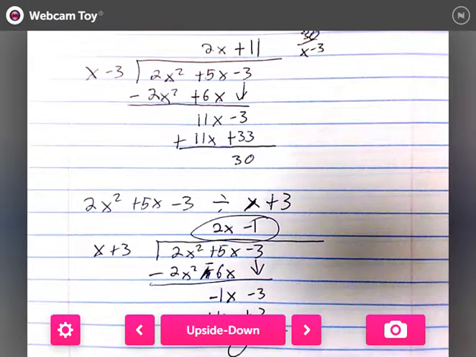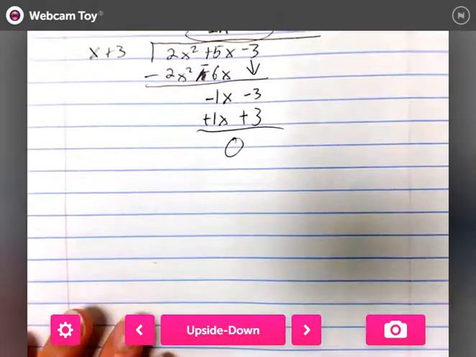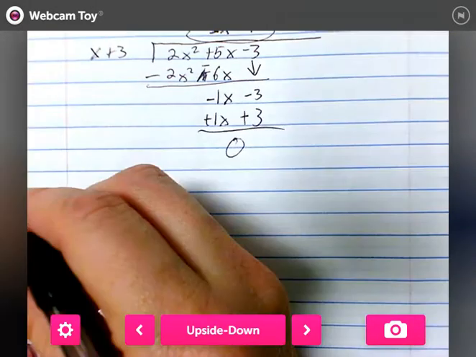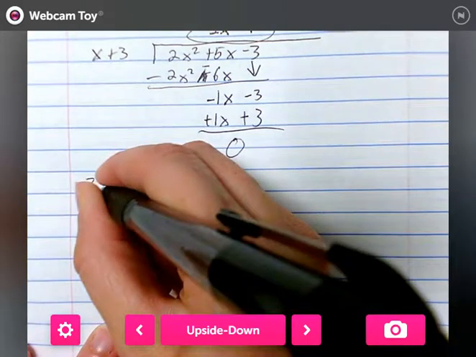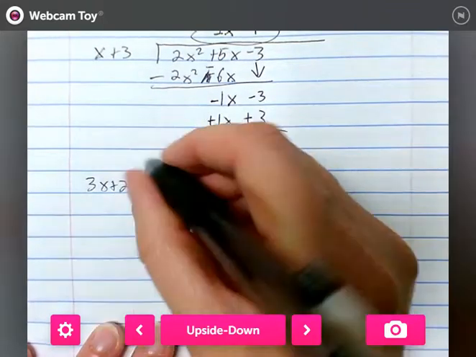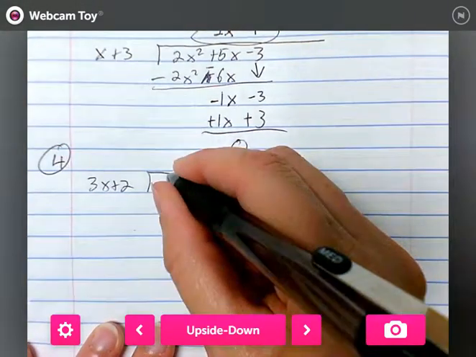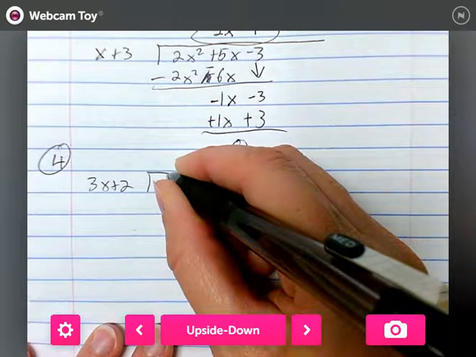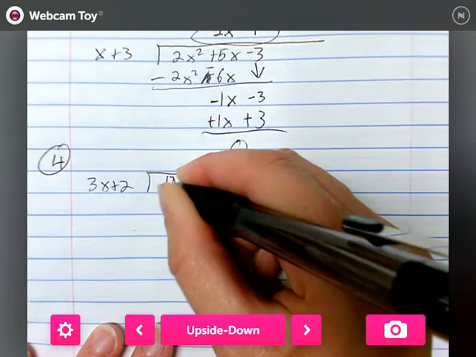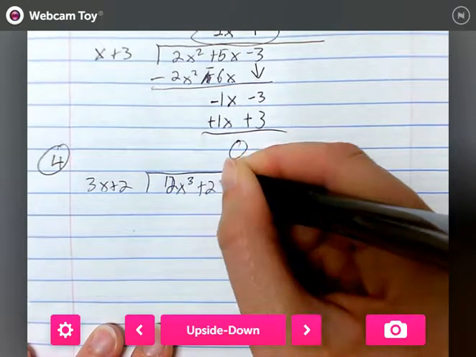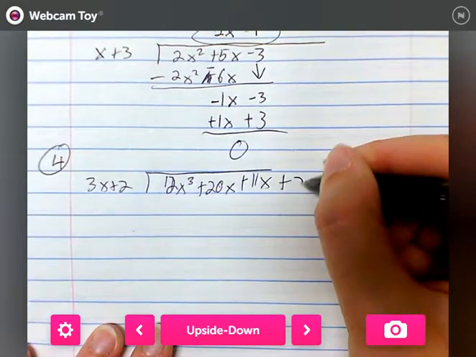How about something like this? 3x plus 2, and this is number 4, and we've got 12x to the 3rd plus 20x squared plus 11x plus 2.